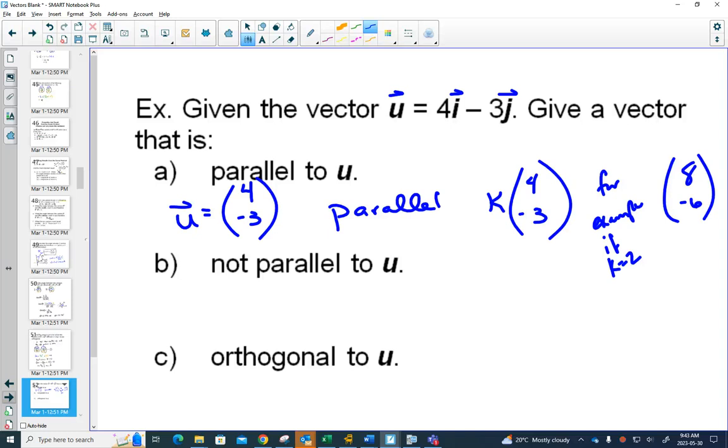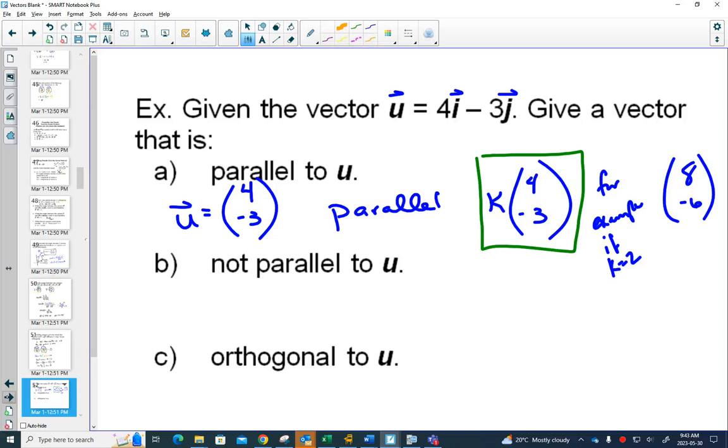But this idea is the idea for parallel with vectors. Okay? Don't need to use a dot product or anything for parallel. All we have to do is say that it's some multiple, any 2 vectors that are multiples of each other will be parallel.